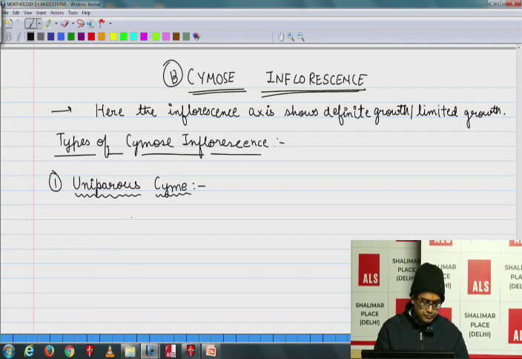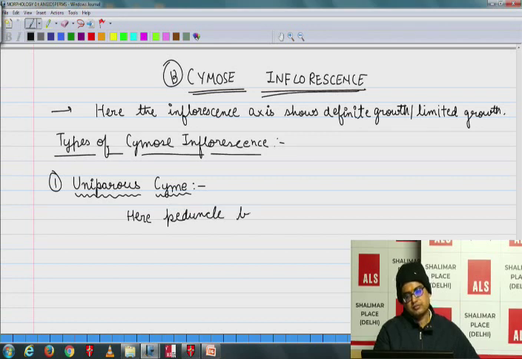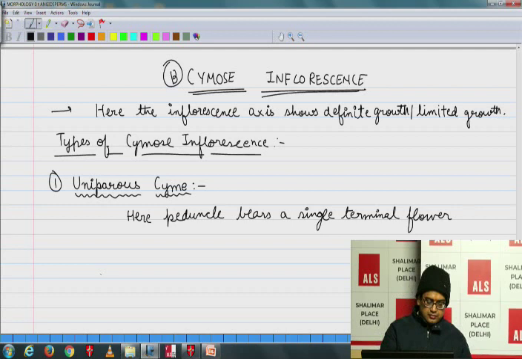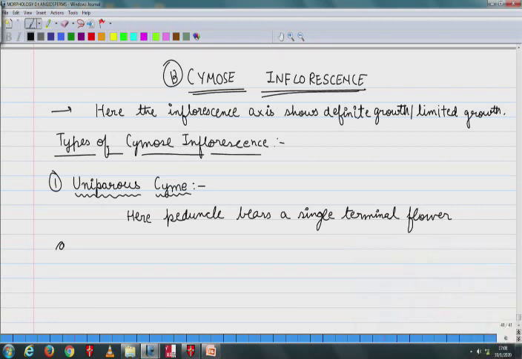Here the peduncle bears a single terminal flower, and a single lateral branch, which also bears a single terminal flower.